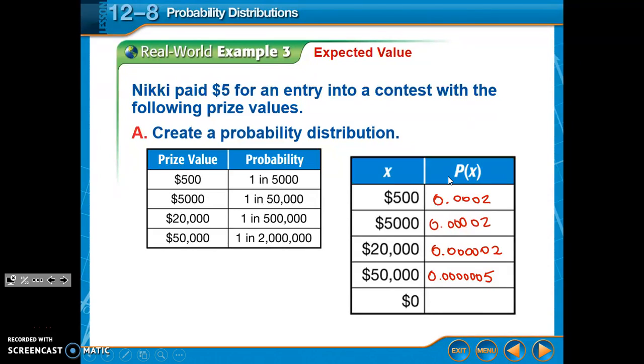Okay, and then 0 represents in this one all of the values that don't fit into these categories. In a probability distribution, remember everything has to equal 1. So I'm going to do 1 minus each of those other values I have. So 1 minus 0.0002 minus 0.0002 minus the rest.